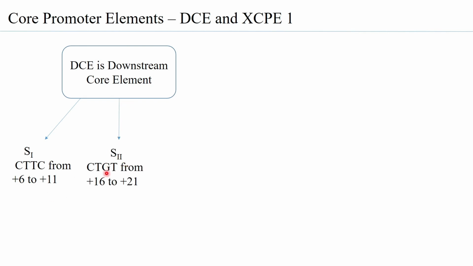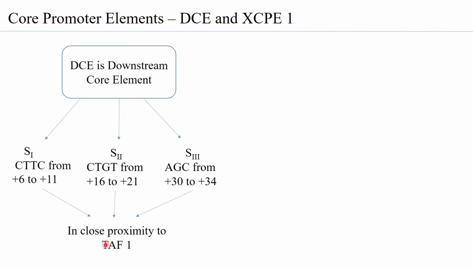S2, which is CTGT from +16 to +21, and S3, AGC from +32 to +34. This is closest to the downstream processing element, that is the DPE. Now all these three have been shown to bind to TAF1, which is again associated with the TF2D complex.